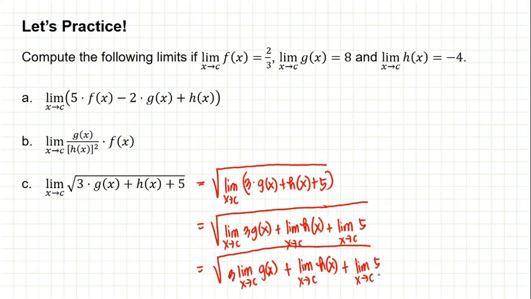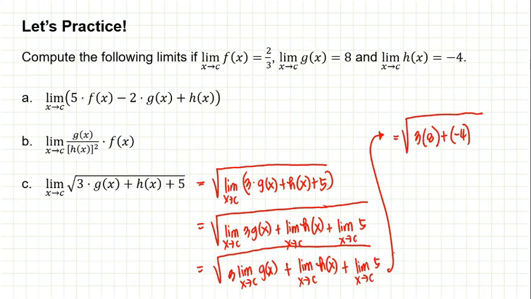Copy lang natin. Then after that, you substitute. So we have the square root of 3 times limit of g of x is 8. Then plus h of x is negative 4. And the limit of 5 as x approaches c, this is the limit of a constant. So the answer is the constant itself. So we have plus 5.